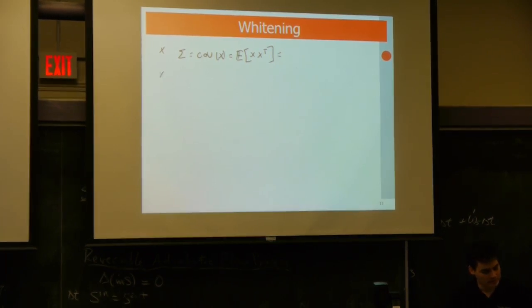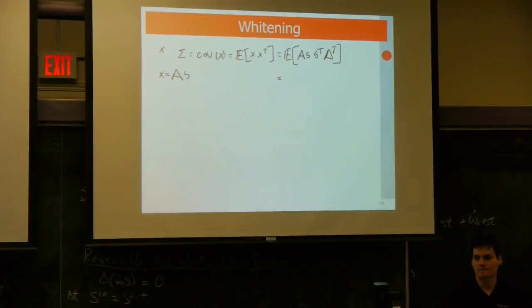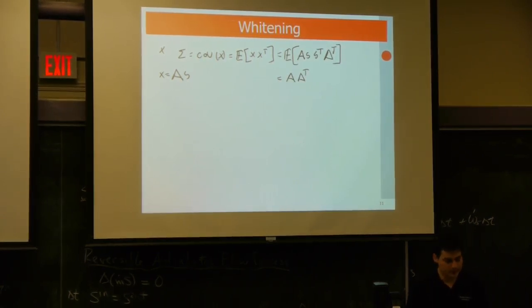We know that X is A times S, so this is the expected value of A S S transpose A transpose. What's this? It is A A transpose, right? Because the expected value of S S transpose is the identity matrix.